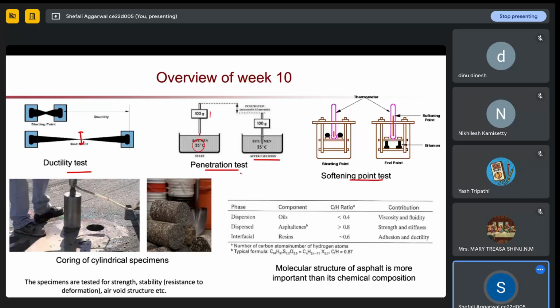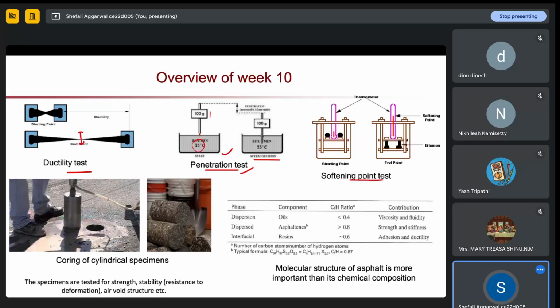So why are these tests important? As we know, bitumen is a viscous material, so it is important to know its viscosity properties. When checking viscosity, the main important test we do is the penetration test.